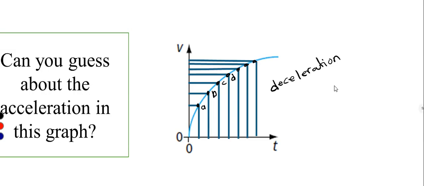Okay, now let's say I will plot a graph here. This is my velocity and this is time. Now in this graph you can see some value here. Okay, one I can draw like this.